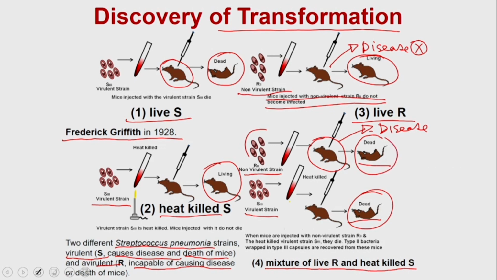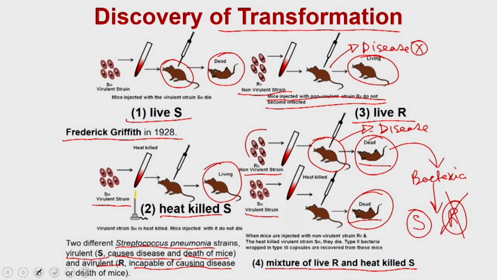What they also found is that when they isolated the bacteria from these killed mice, they could not find the non-virulent strain. What they found is that it actually contains the S strain instead of the R strain.